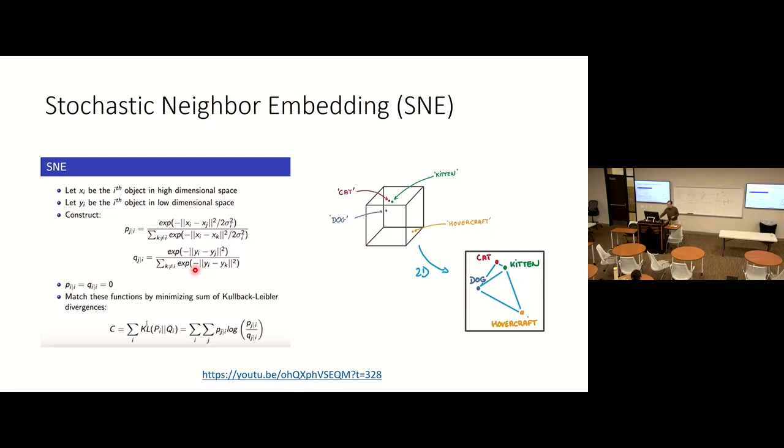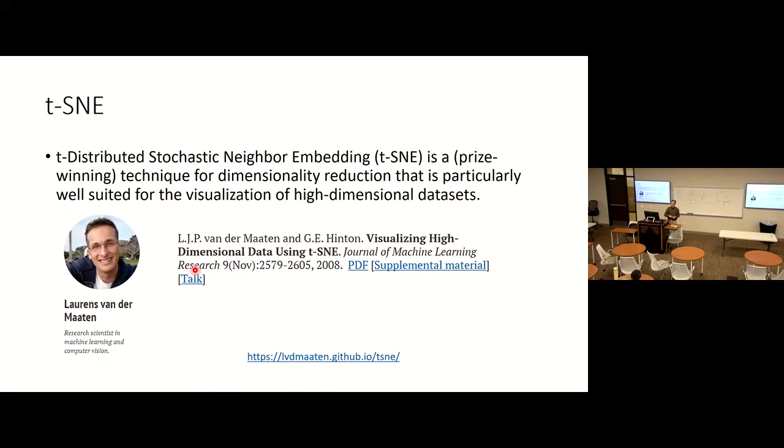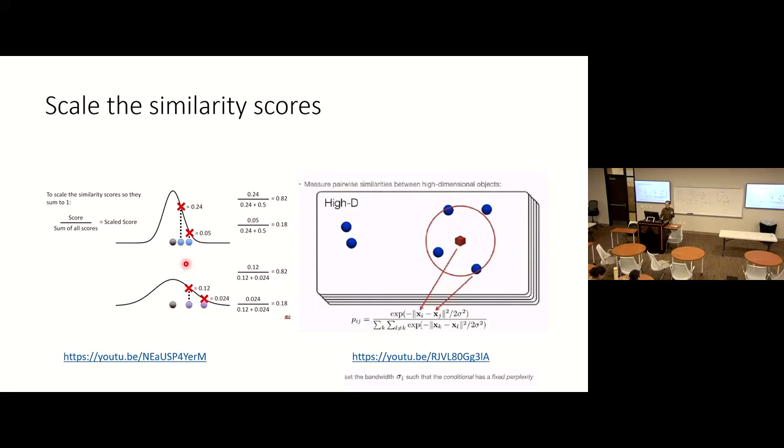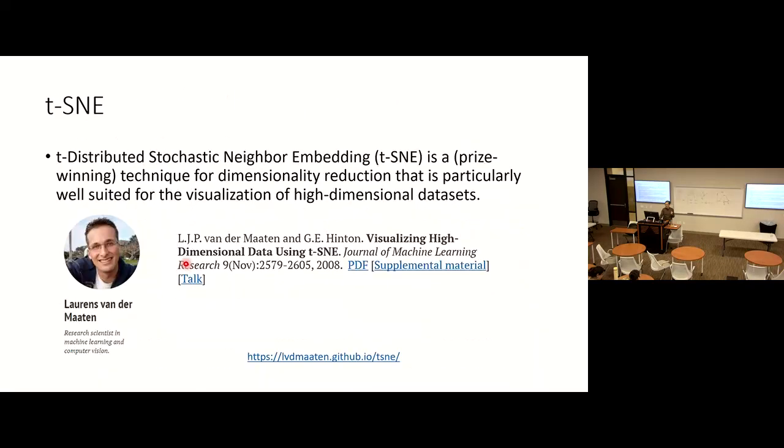But then they found that if I use a T distribution instead of a normal distribution when I regenerate data, the data looks more dispersed from each other. The reason is the shape difference. As I remember, I had a picture: this is a normal distribution, and the T distribution will have a fatter tail, right?